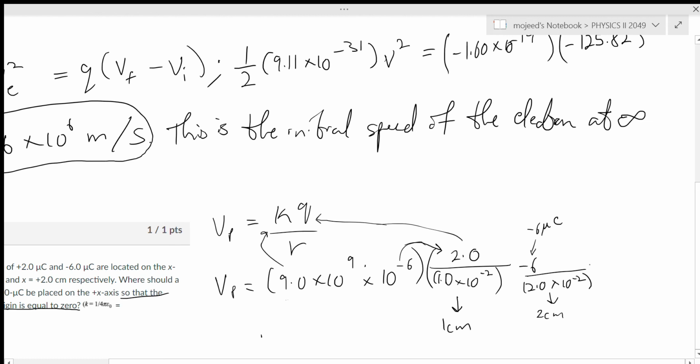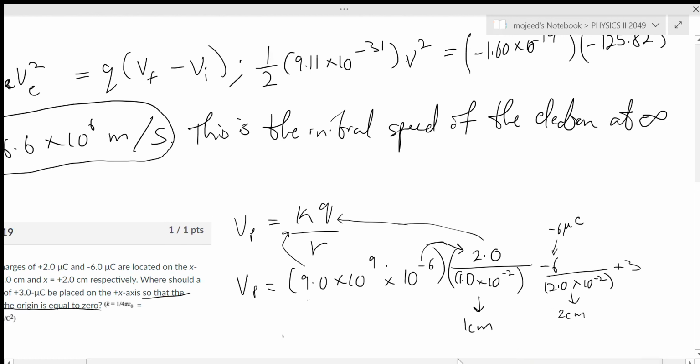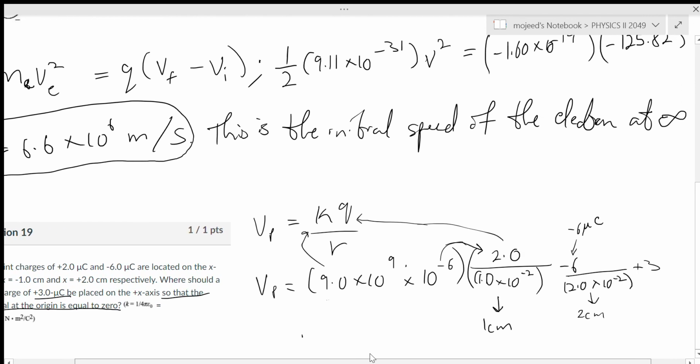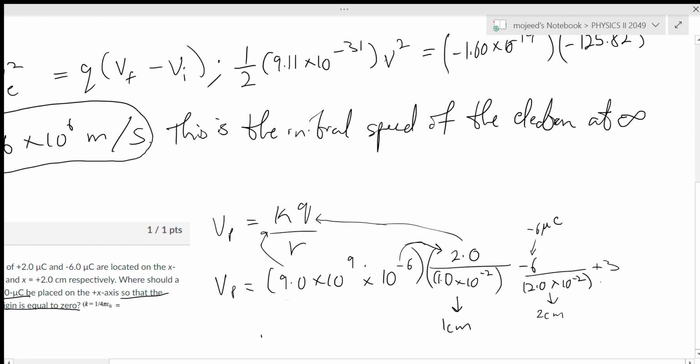Plus 3, and this is the third charge, 3 microcoulombs, over x times 10 to the second power.